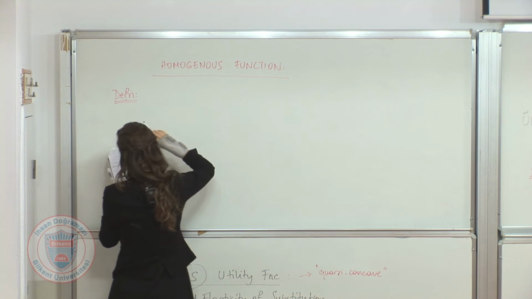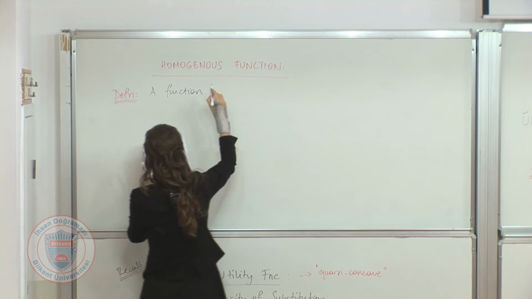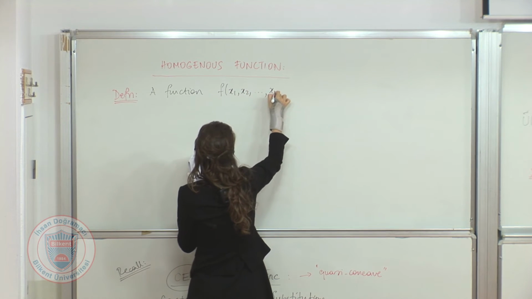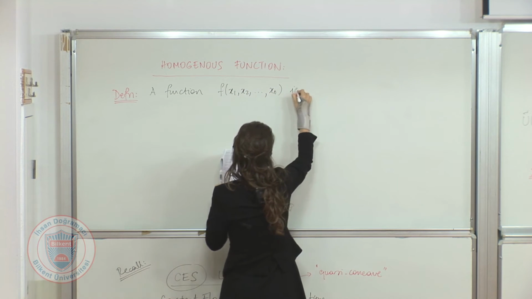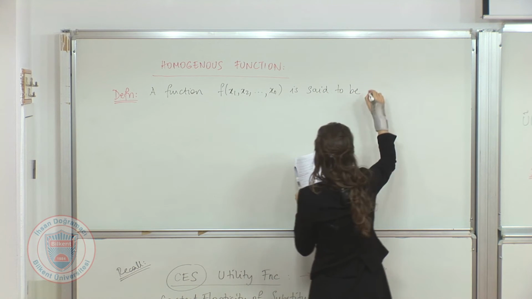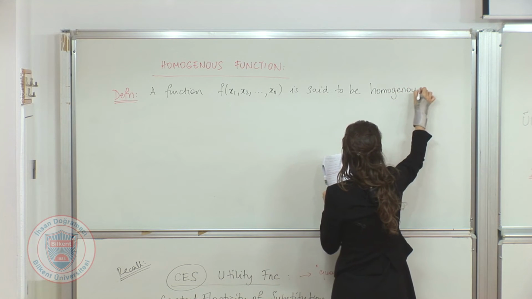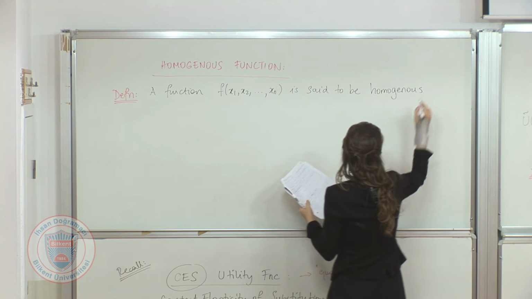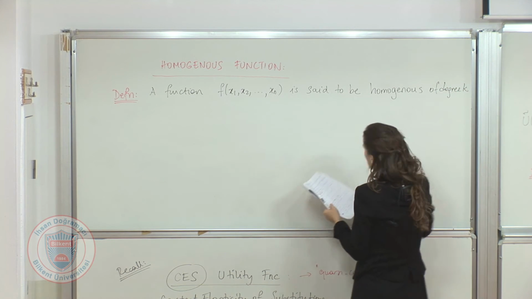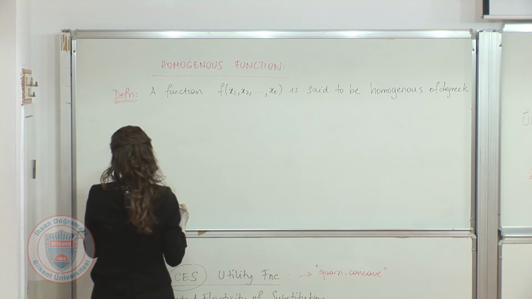A function F(x1, x2, ..., xn) is said to be homogeneous of degree k. This homogeneity might have some degrees; you'll understand what k is.